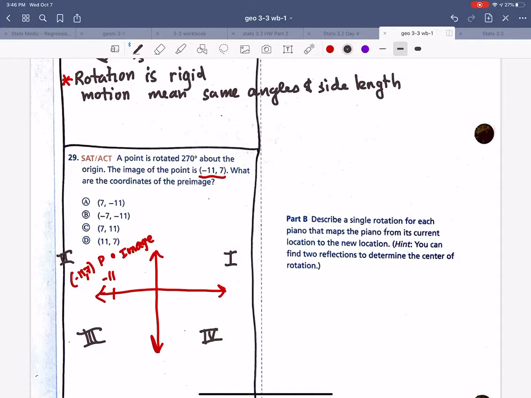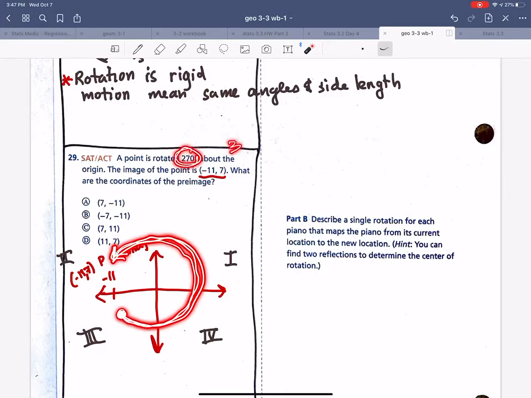If that's where it ended up, then where did it start? And I feel like it started three back. So 1, 2, 3. Yeah, if it went counterclockwise, it had to have started here to go 3 quadrants. And this is 3 quadrants, 3 90s.